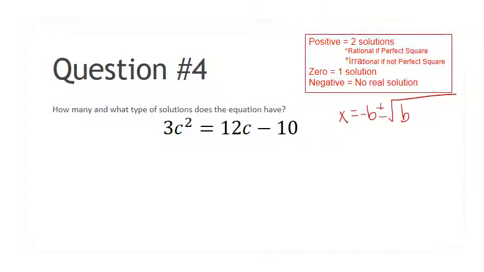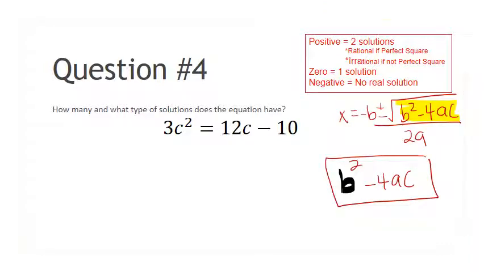So I'm going to write out our quadratic formula here. I forgot to copy and paste this from before. Okay, and the discriminant part is just the part that's underneath the square root. So we're just looking at the b squared minus 4ac. This is what we're looking at for the discriminant.